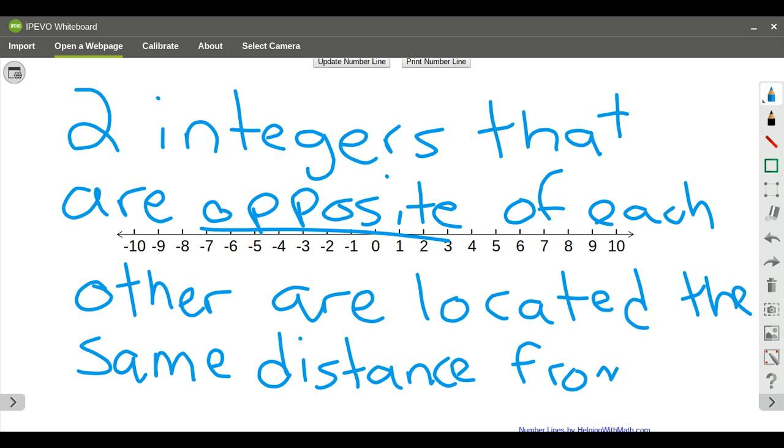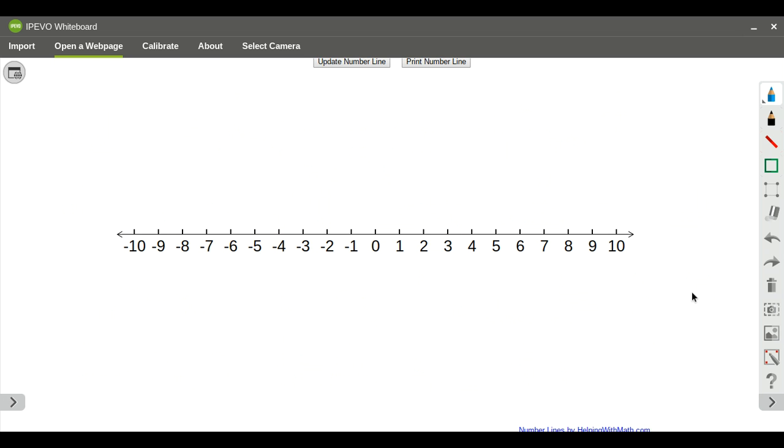Okay, so again, let's say I have 4 and I want to know the opposite of 4. Remember this notation right here, when I have the negative number outside of a parenthesis, means the opposite of. The opposite of 4 is going to be the same distance away.